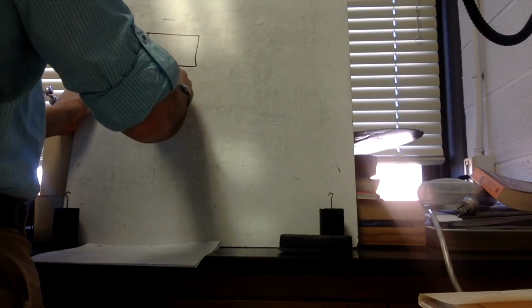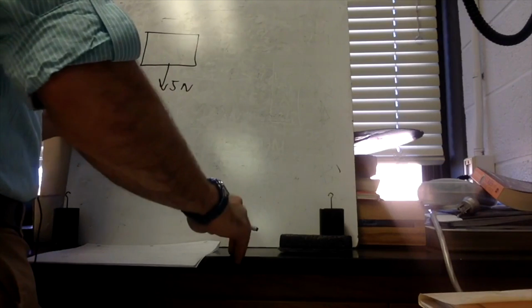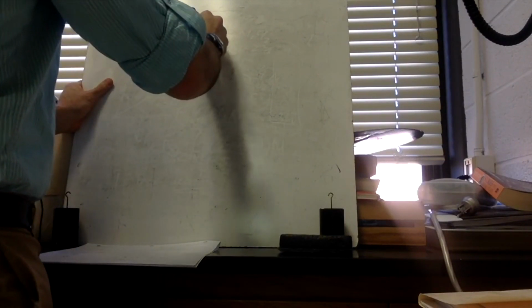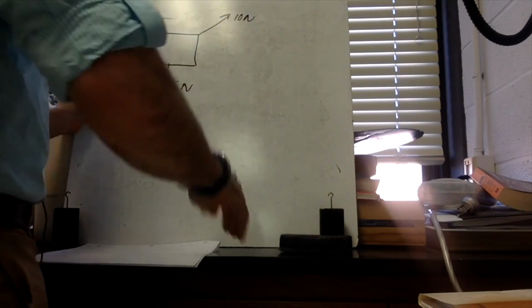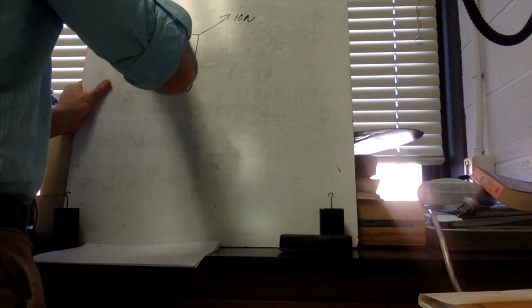All right, so here it is. This is the free body diagram. It's a 5 Newton body, and there is a 10 Newton force this way, and then there is a 12 Newton force going this way.